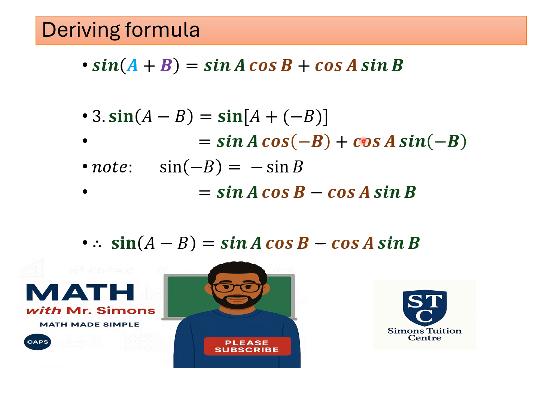Right, so that negative times that positive would then make this negative. So therefore we have the formula sin A cos B minus cos A sin B. So sin(A minus B) equals sin A cos B minus cos A sin B.